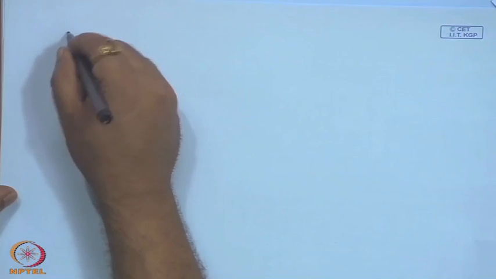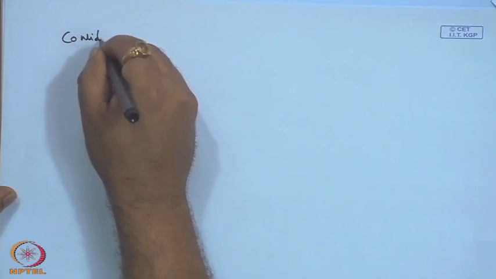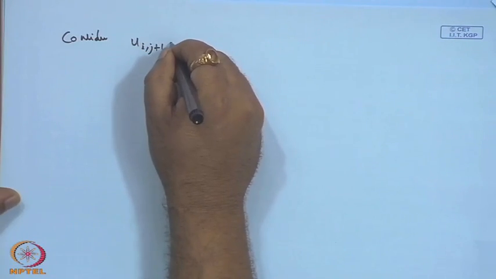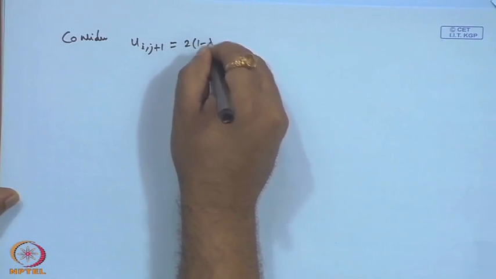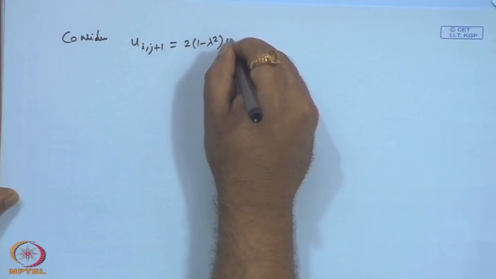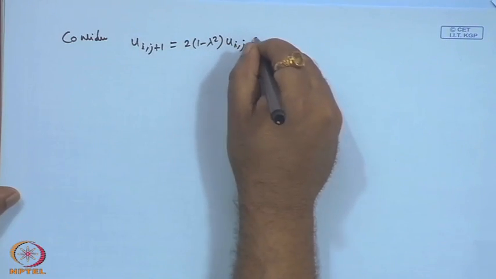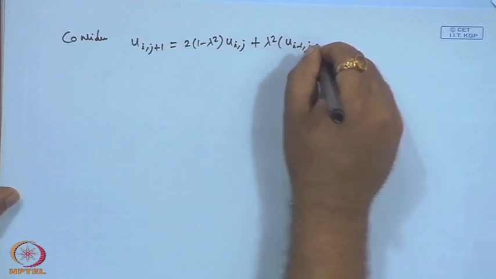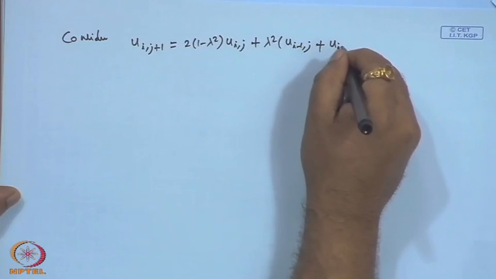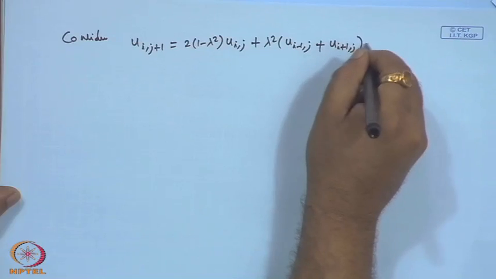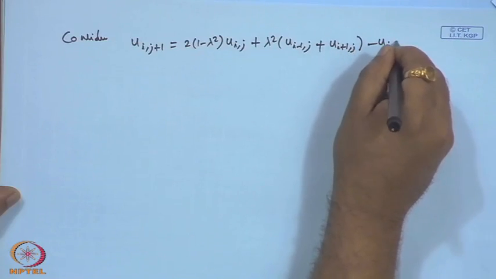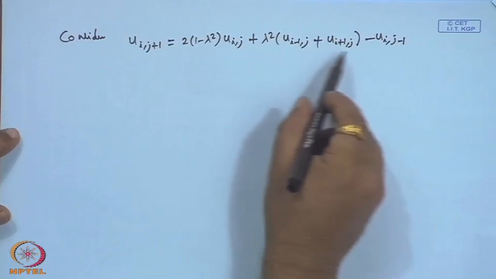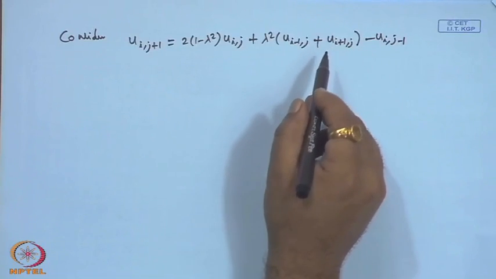So, consider u i j plus 1. This is a 3 level explicit method which we have derived.